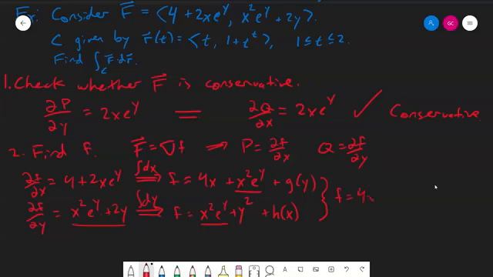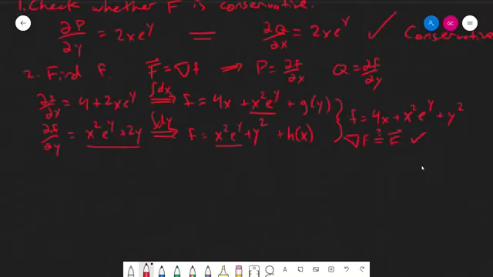So if I take f to be 4x plus x squared e to the y plus y squared, then it looks like the first form because it's 4x plus x squared e to the y plus a function of y, and it looks like the second one, which is x squared e to the y plus y squared plus a function of x. But actually at this stage, the easiest thing to do is to just compute the gradient and verify that the gradient really is the vector field that you started with, and it is in this case.